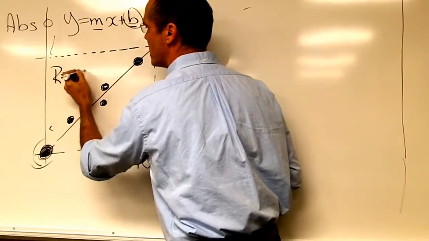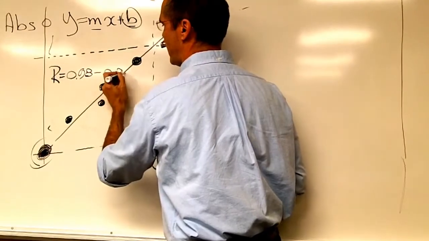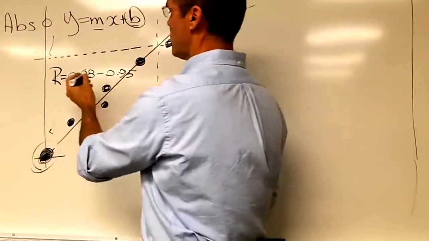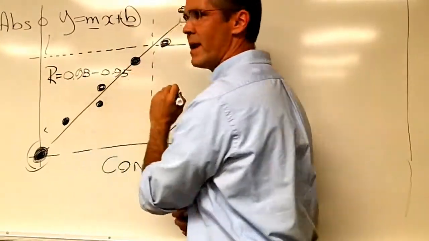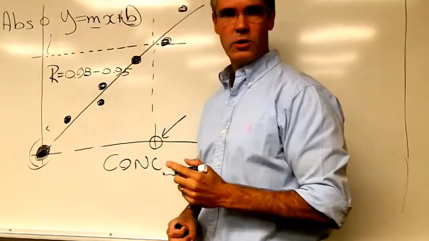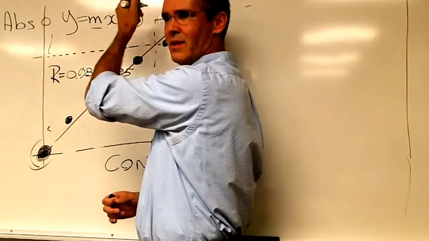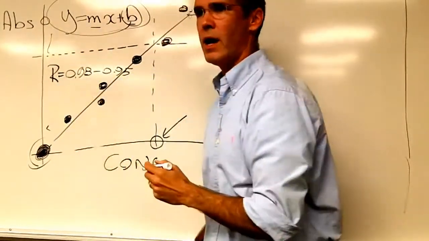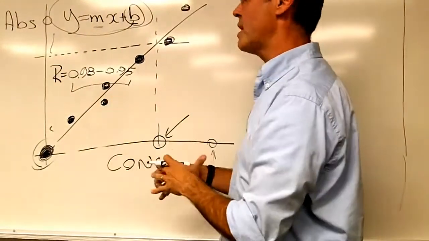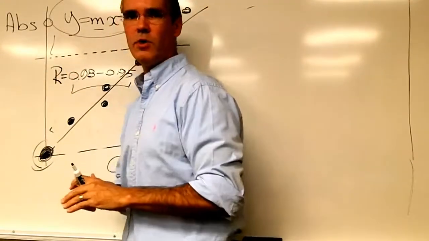So you have something like 0.98 or 0.95. If you have something like 0.25, well, what you measured here is not a line. It's something else, so the equation in that case would not apply. This equation applies when you have a range between, say, 0.99 to 0.85, and that's even pushing it.